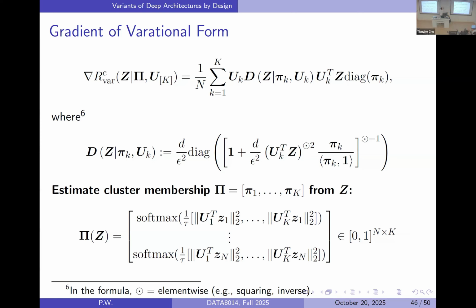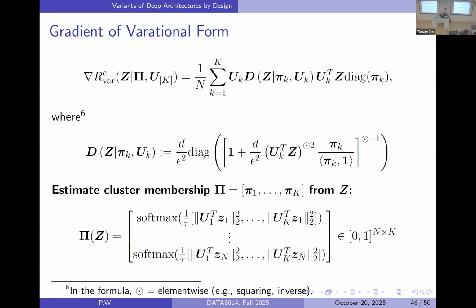This is exactly what we talked about in the last class: how do we implicitly estimate the cluster membership if the tokens approximately lie on some subspaces?